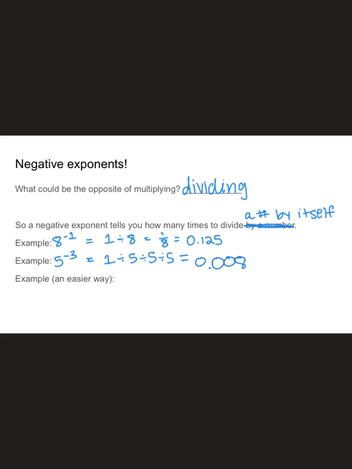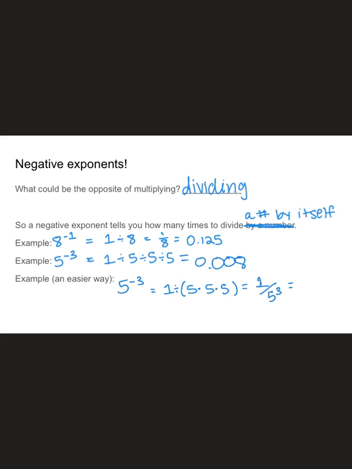So we'll do the same example. 5 to the negative third power could also be calculated like this. We could do 1 divided by 5 times 5 times 5. So we could do the multiplying first, which would be 1 divided by, remember divided by we can also use as a fraction, 5 to the third power.